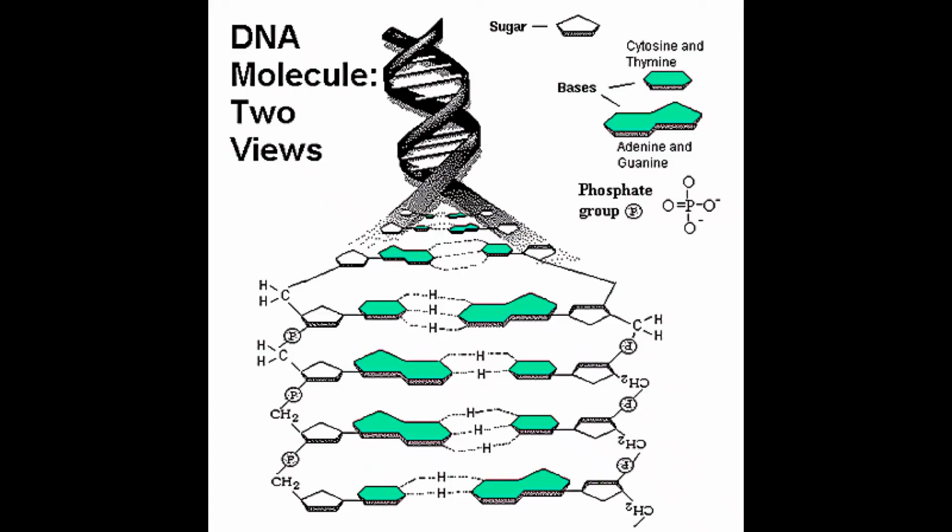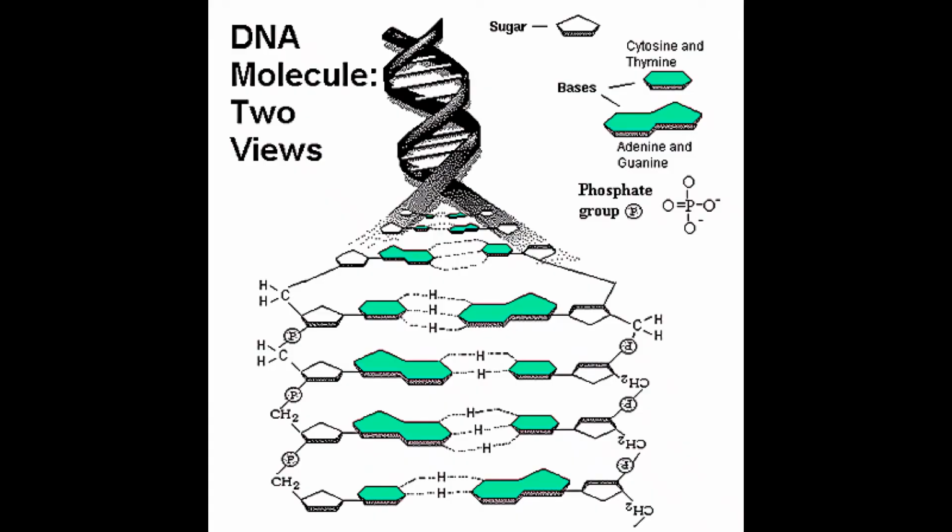Now when DNA is being read or copied, it has to be unwound and then it takes on its native double helix structure. So I'm going to go ahead and pull up a little picture here for you so you can get an idea of what DNA looks like when it's unwound in its double helix structure.